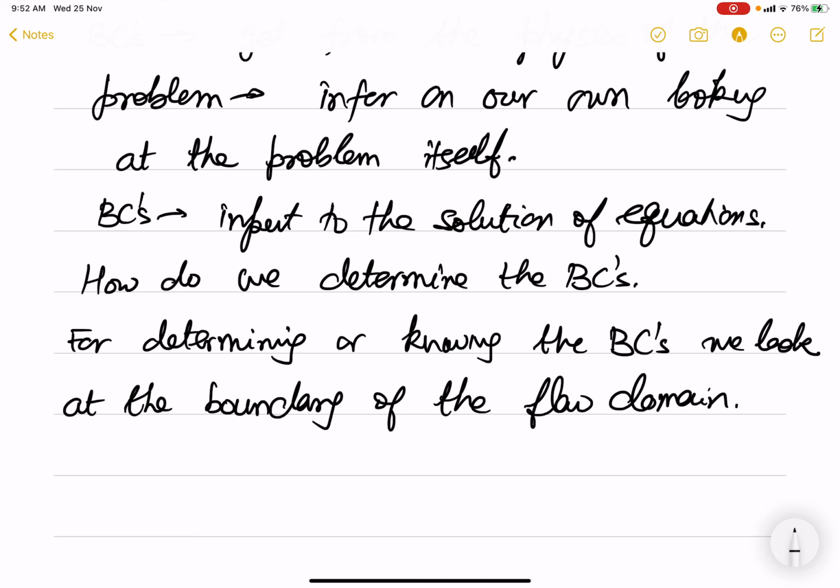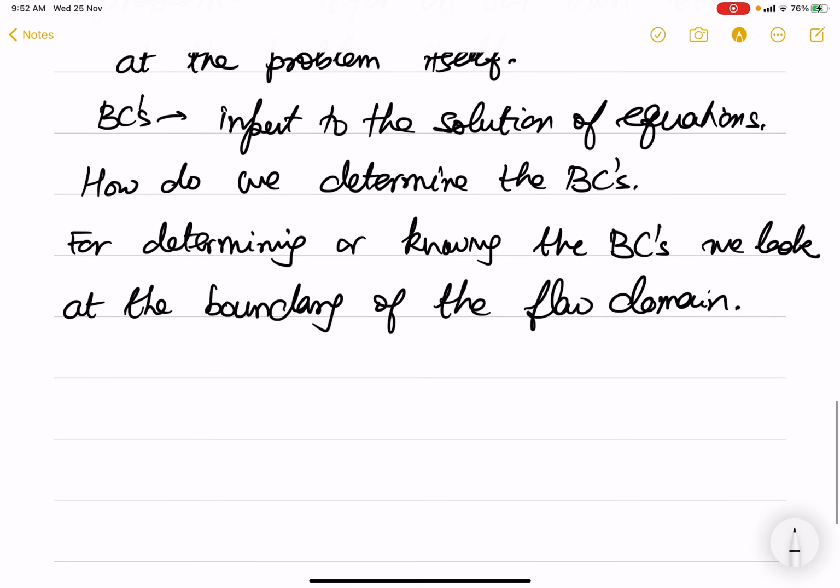Because inside, at every point, we will have to find the velocity field. It is not known.